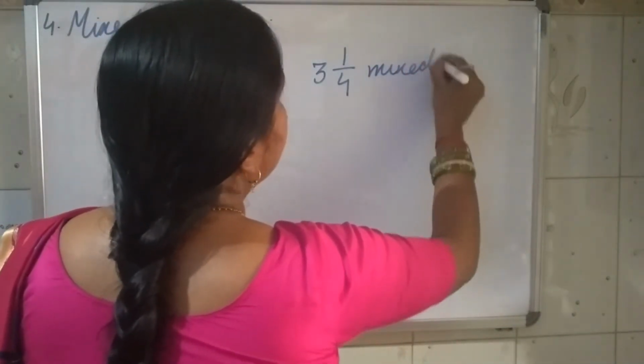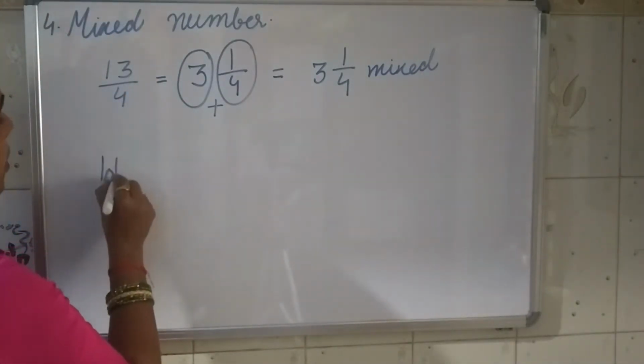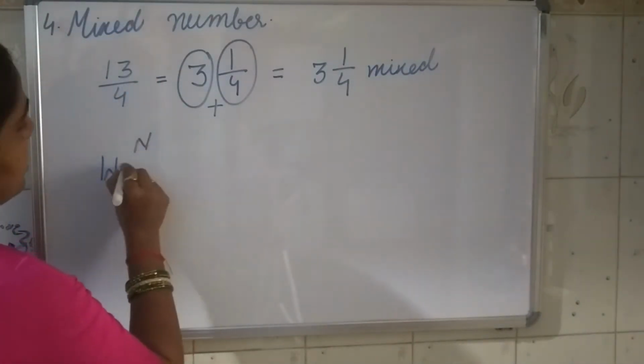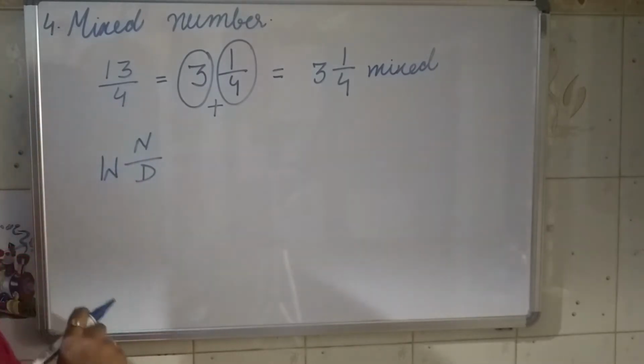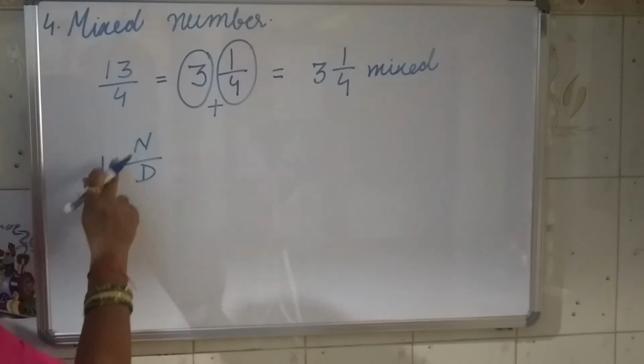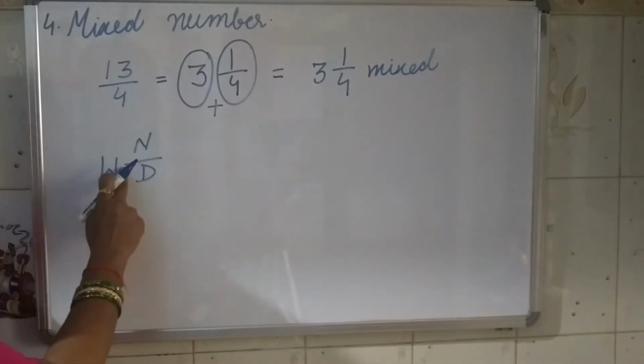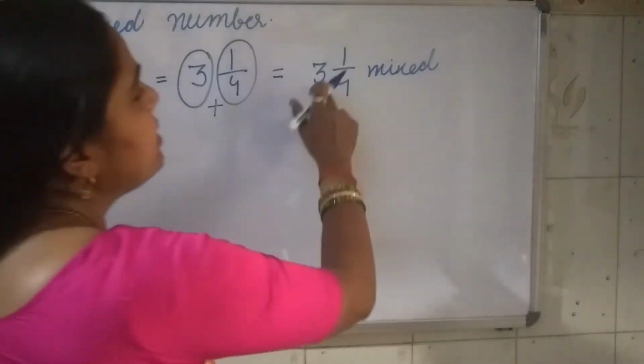So if we have to write it simply, how will we write it down? We will write the whole number, then numerator upon denominator. And you can see that when we write this numerator and denominator, we are not writing just in front of the whole number. We are writing it in between. Here also I have written 3 whole 1 by 4.